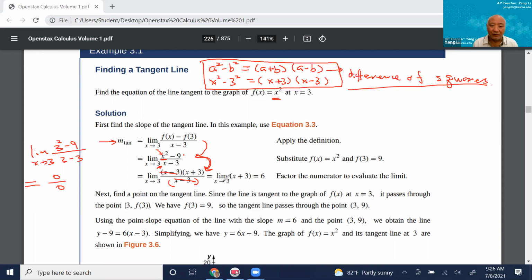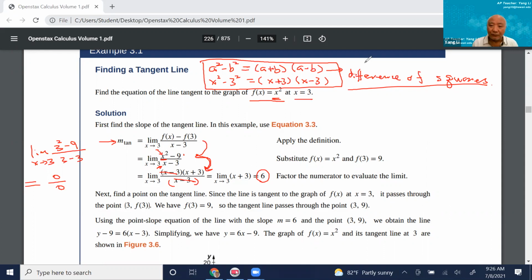And then you have the limit as x approaches 3 of x plus 3 here. 3 plus 3 is 6. So we can find the slope of what? The tangent line now for the function f(x) equals x squared at the point x equals 3.